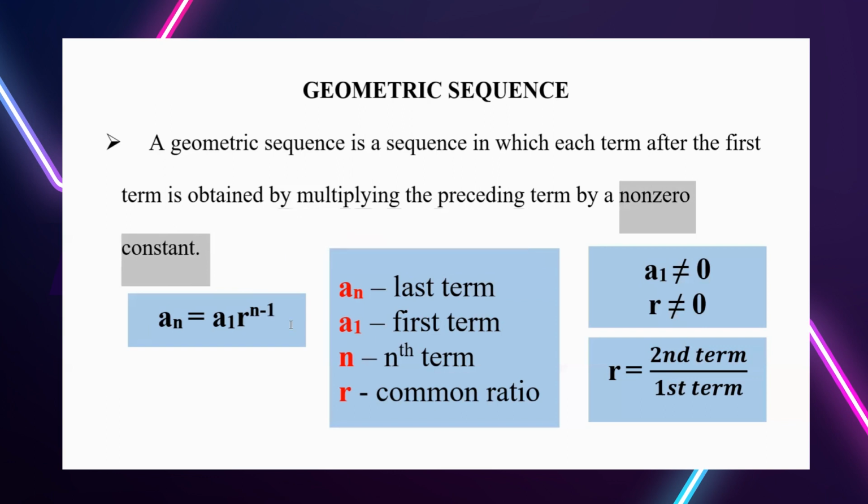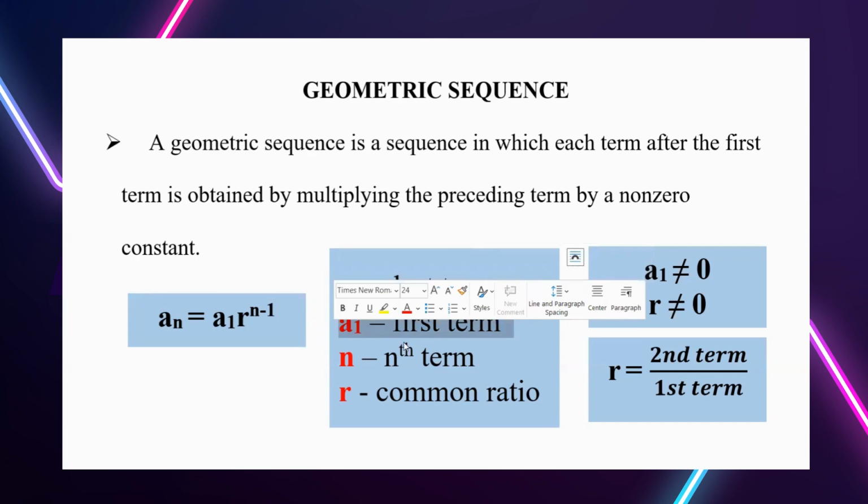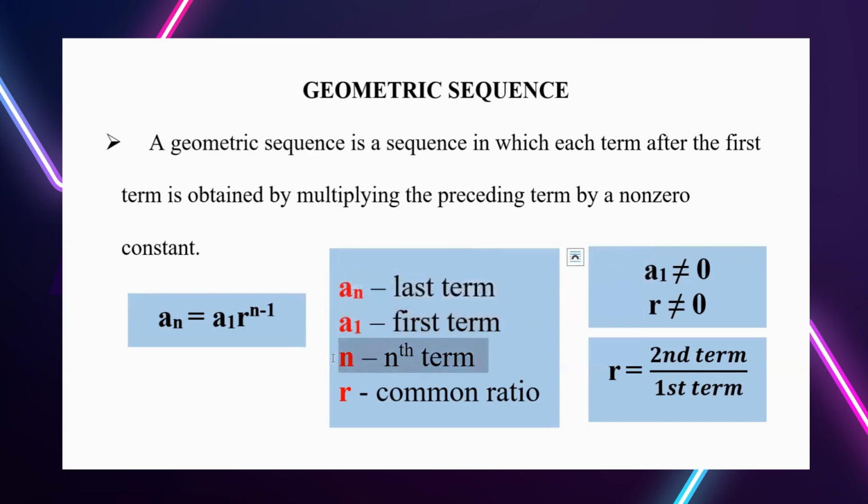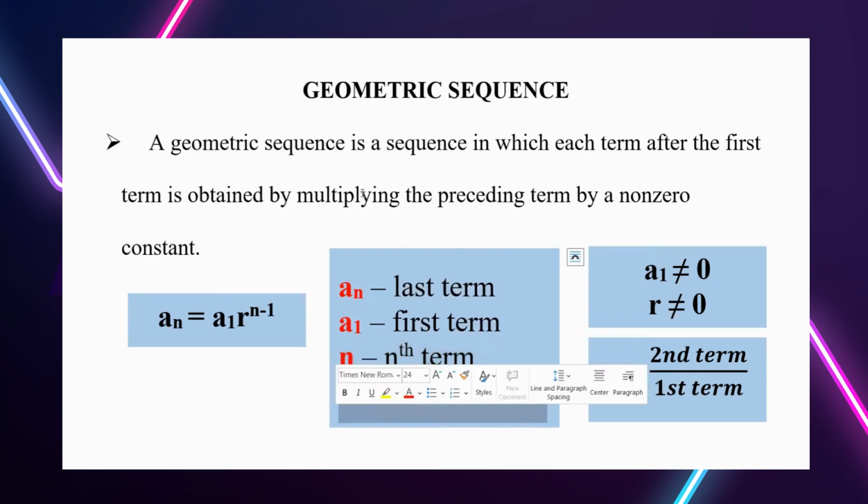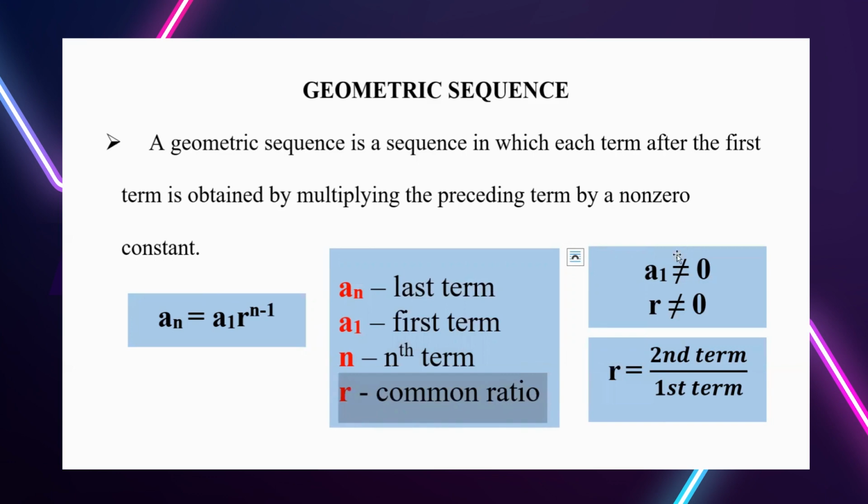The nth term in a geometric sequence is given by the formula a sub n is equal to a sub 1 times r raised to n minus 1, wherein a sub n is the last term of the geometric sequence, a sub 1 is the first term of the geometric sequence, n is the nth term of the geometric sequence, and r is the common ratio of the geometric sequence.